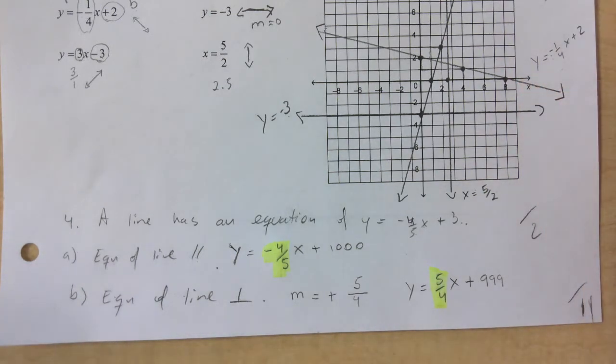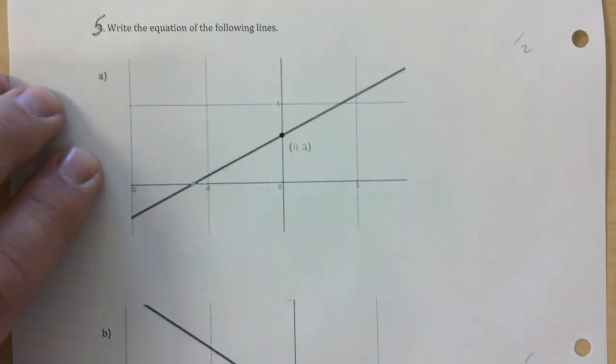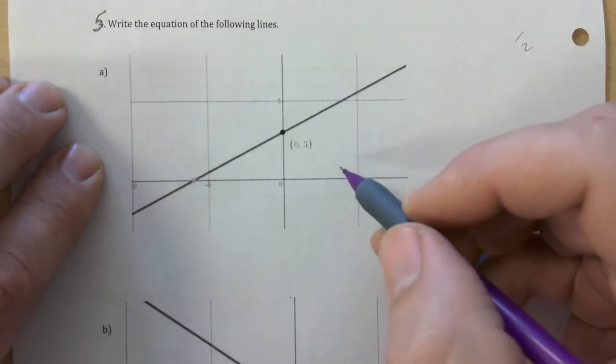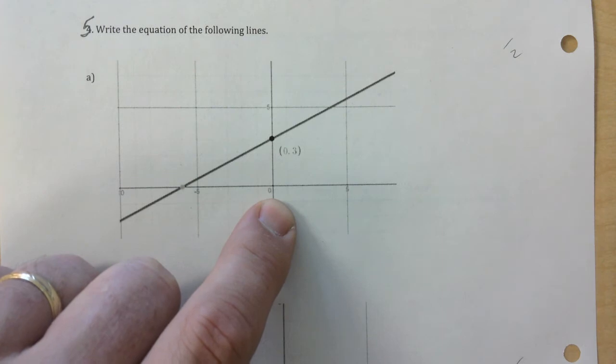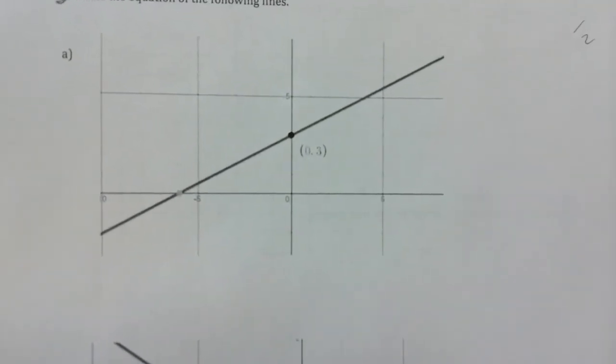Now we're going to go to the last one, question 5, which asks you to go the other way. You're going from the line to the equation. I noticed that it's a bit blurry, so I apologize, folks. If you opened the PDF version, you probably would have had a better time looking at it.